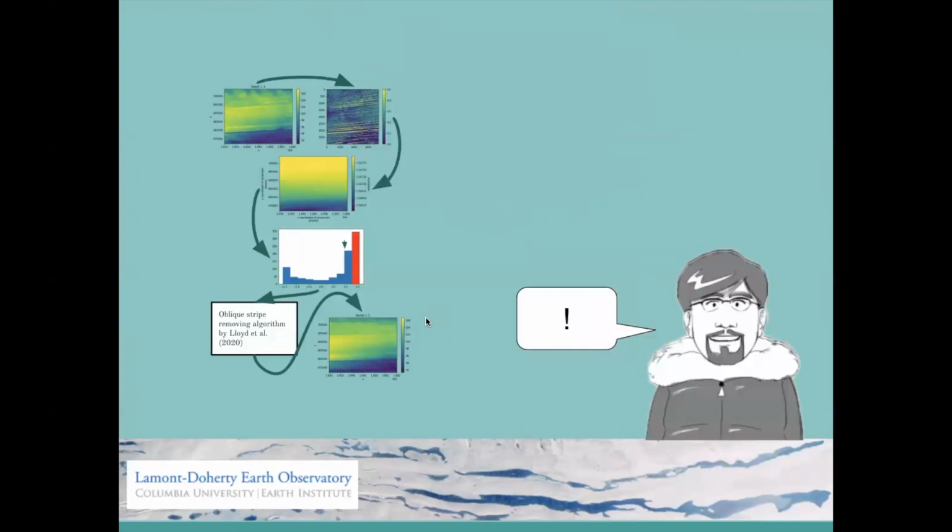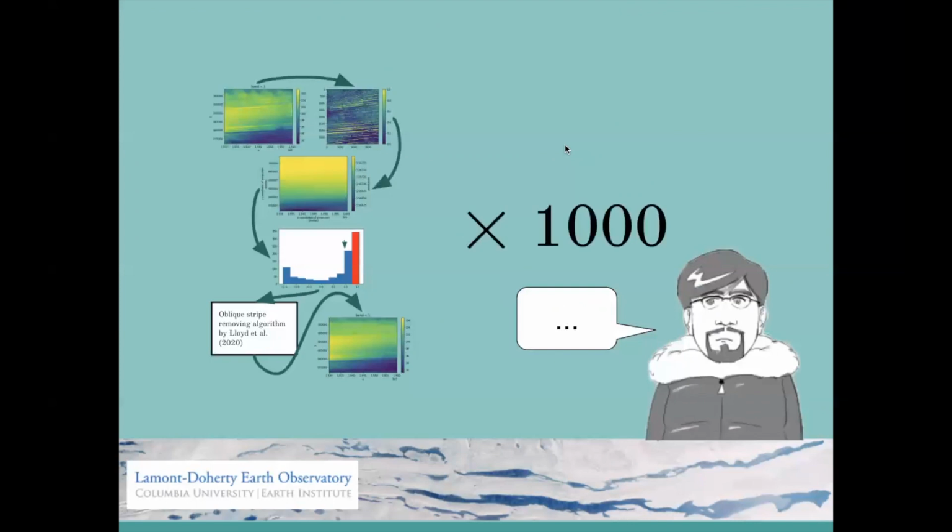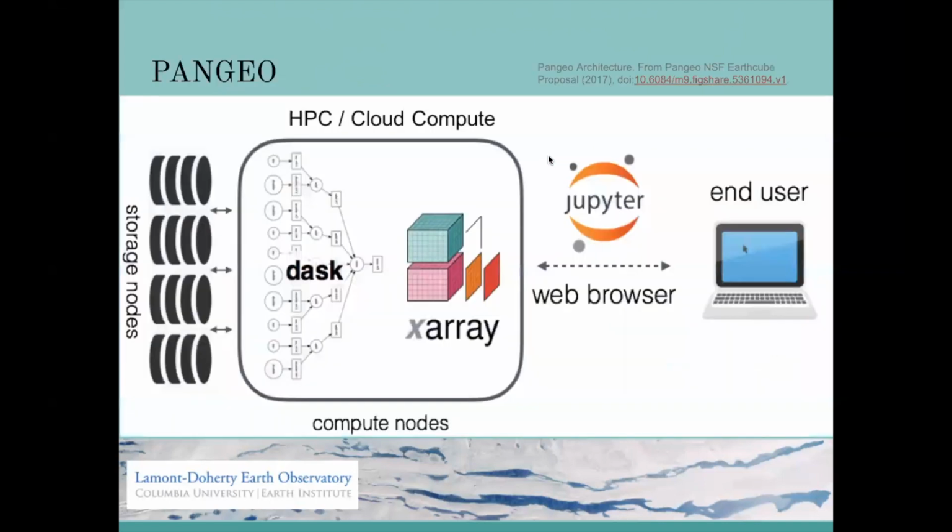And while it's really exciting that this process is relatively straightforward, if we were to try to do this by hand on a home computer, we would find ourselves doing the same thing thousands and thousands of times. This is where cloud computing really is important.